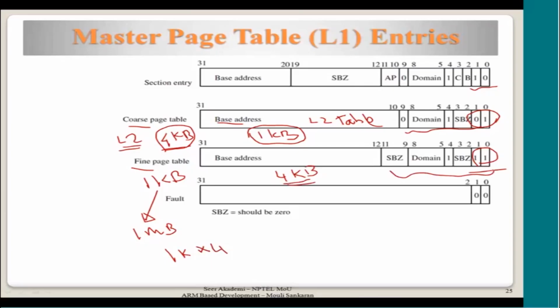That's why it has to be on a 4 KB boundary. So 12 bits will not be ignored here. This is the starting address of the L2 fine page table, on a 12 bit boundary, because the size is 4 KB.